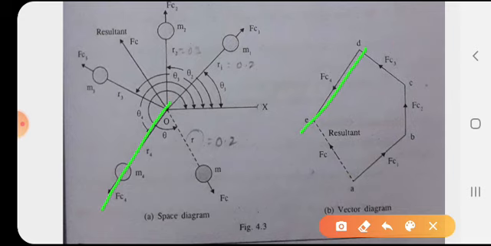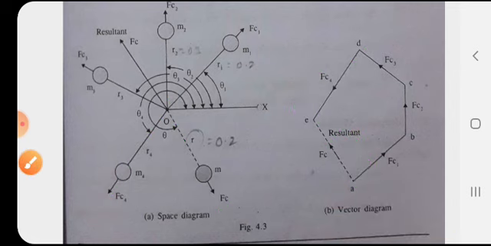Finally, we find the closing side AE. As per the polygon law of forces, the closing side AE represents the resultant force in magnitude and direction, so the centrifugal force Fc is the line parallel to AE. Then the balancing force is equal to the resultant force but in the opposite direction.